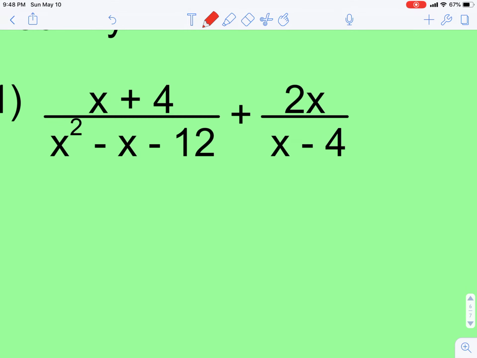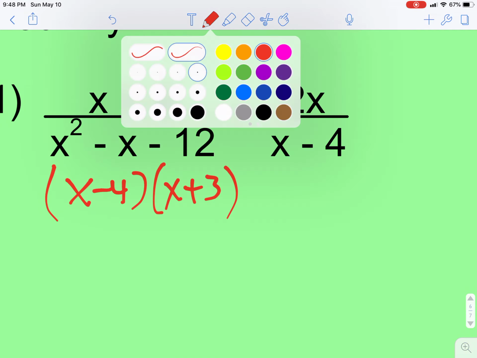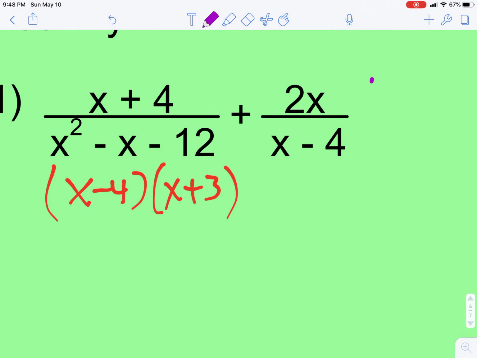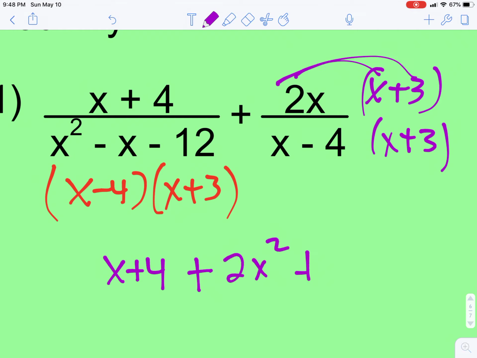Okay, so we want to factor this. Factors of negative 12 that add up to get negative 1 are negative 4 and positive 3. So I'm going to multiply this side by x plus 3 because that's the factor that it's missing. So we got x plus 4 on the top plus, distribute the 2, 2x squared plus 6x.